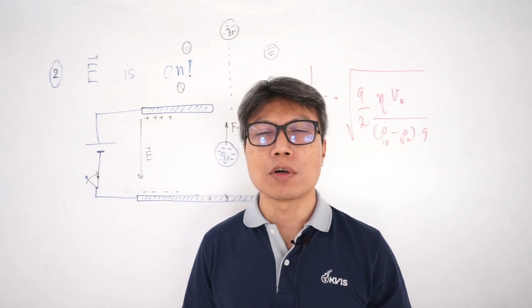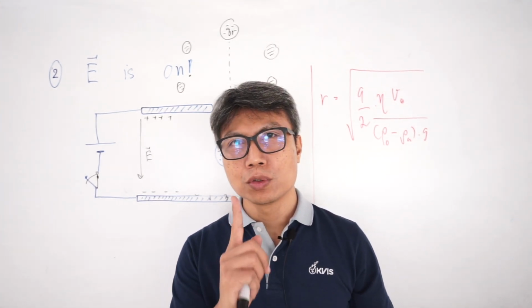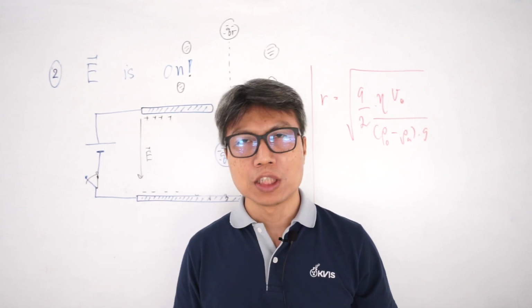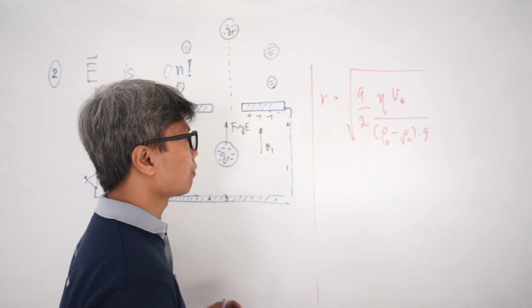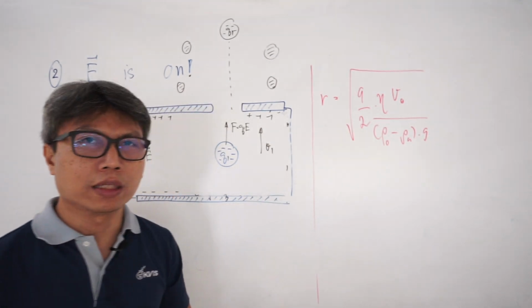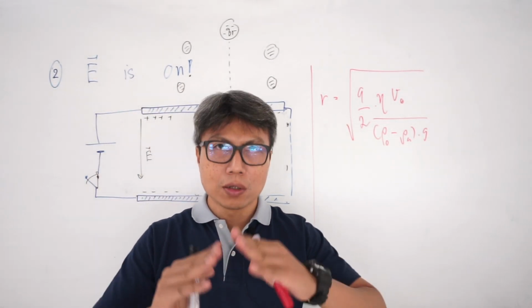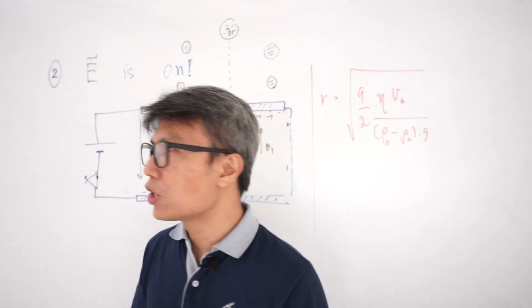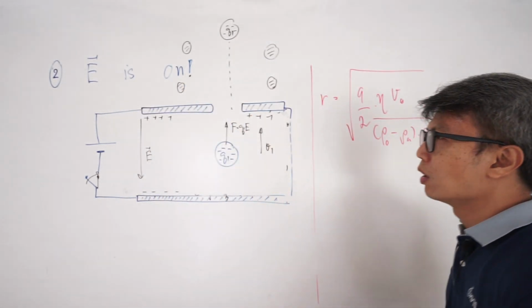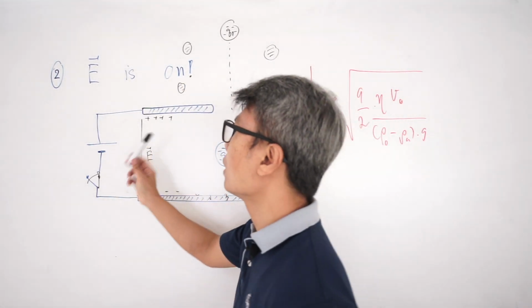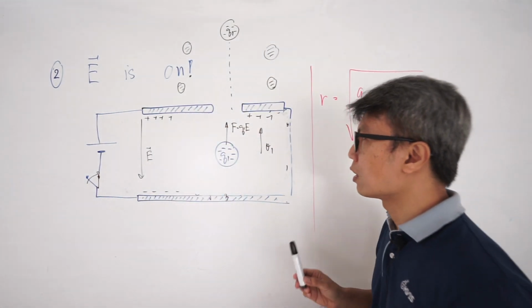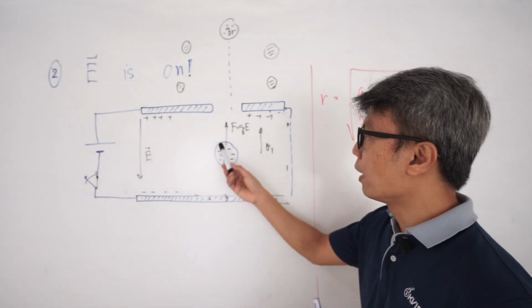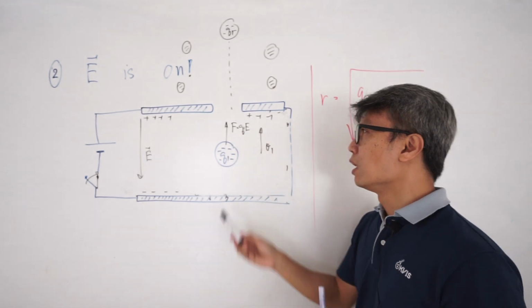As I have already mentioned, we still use the same drop that we selected from the first step, right? And from the first step, we have already calculated the radius of the oil drop. For the second step, we just turn on our electric field, and when we turn on the electric field, definitely our oil drop will experience the force from the electric field.